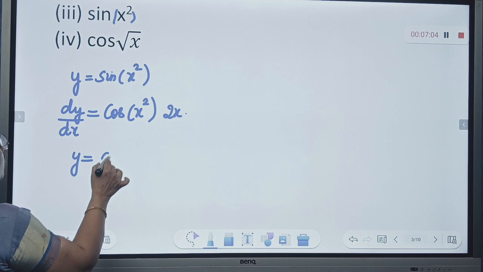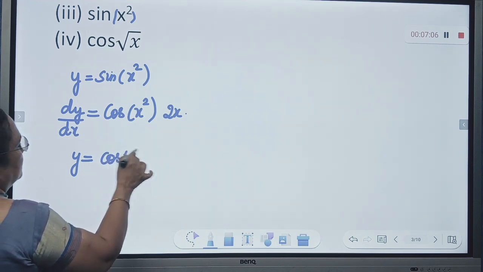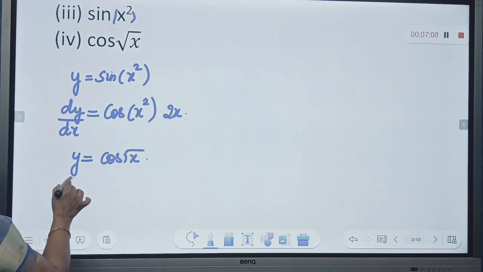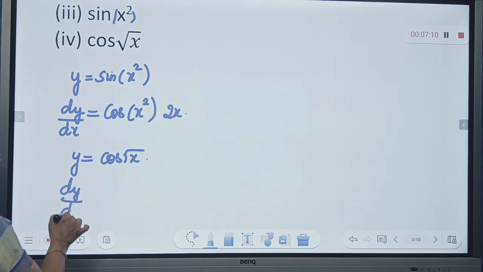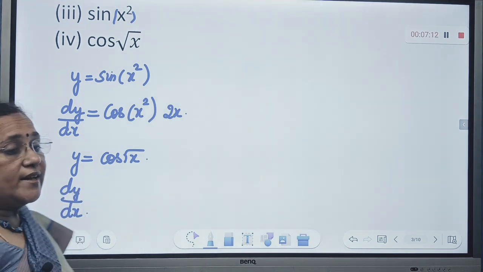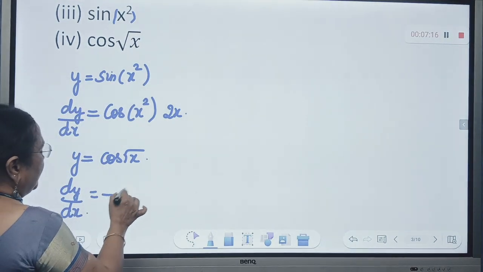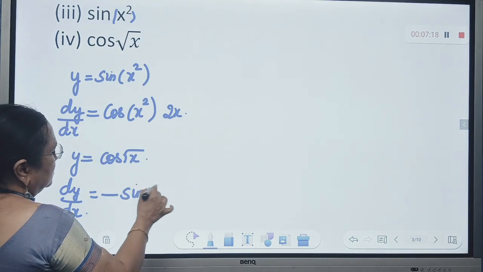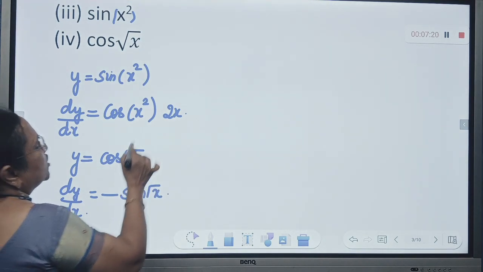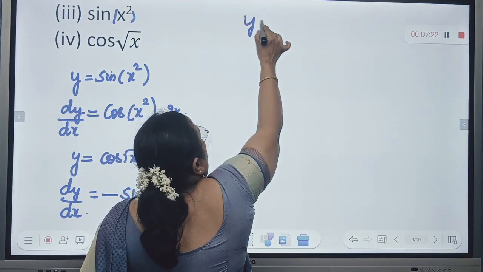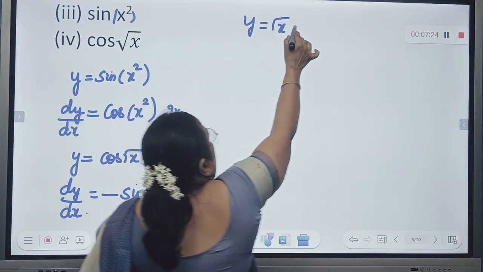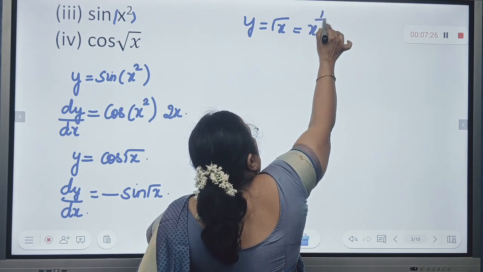If y equals cos root x, what is dy by dx? If y equals cos x, we know the derivative is minus sin x. So it is minus sin root x into the derivative of root x. What is the derivative of root x? If y is root x, then that is x power half.